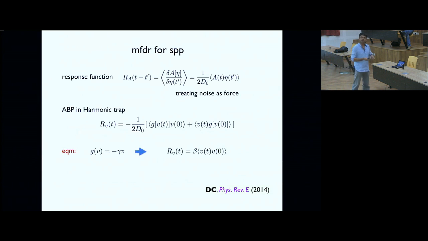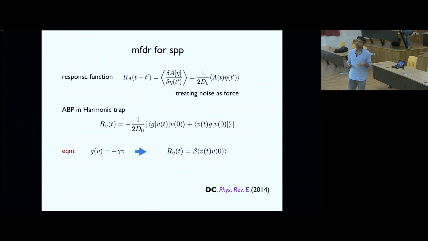So for this system, the next question I come to is the fluctuation dissipation relation. The response function one can calculate by using the noise in the system, treating it as equivalent to the external forces, and then we get this relation where noise is involved.